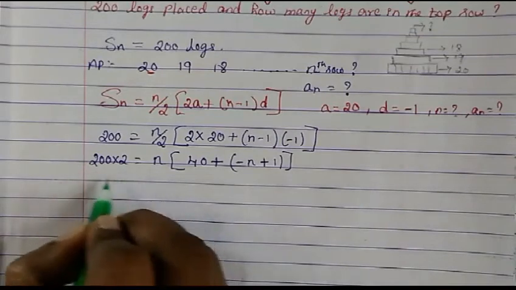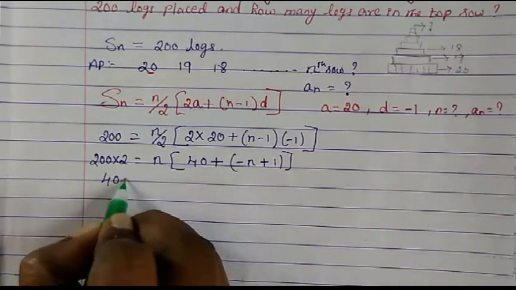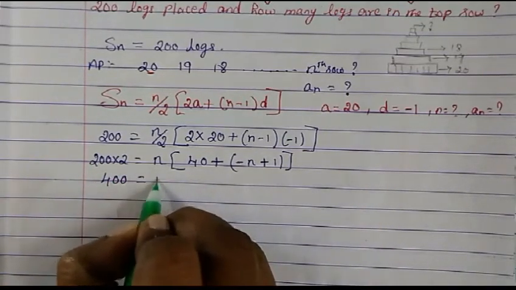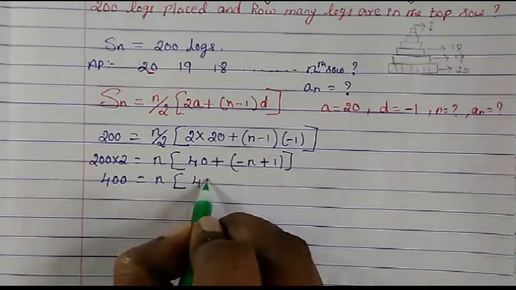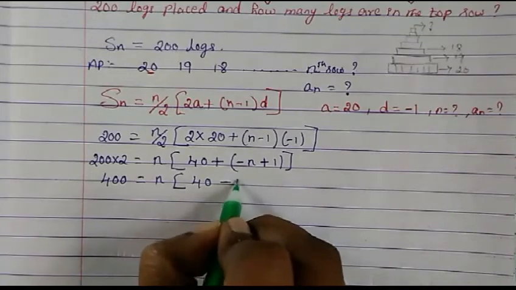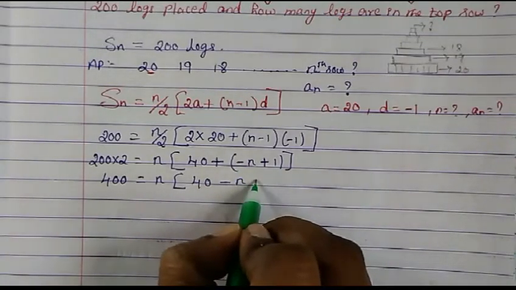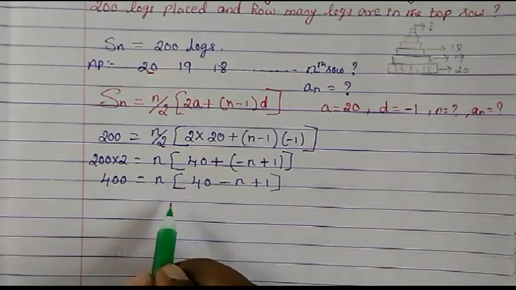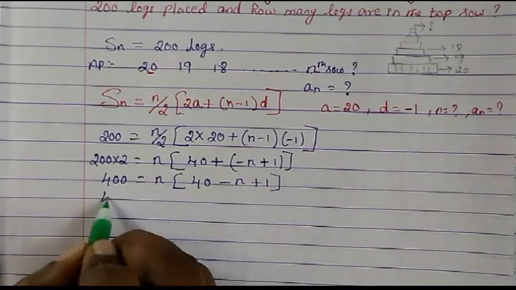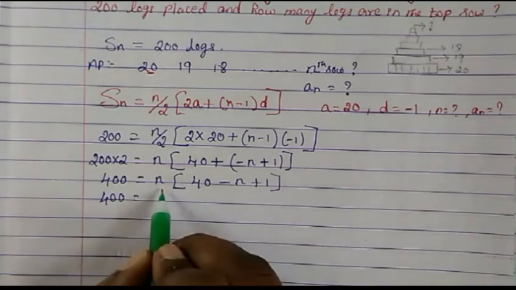So then 200 into 2 gives us 400, then n we have, then we will have 40 plus minus n, then plus 1. Now this is to be multiplied with n.